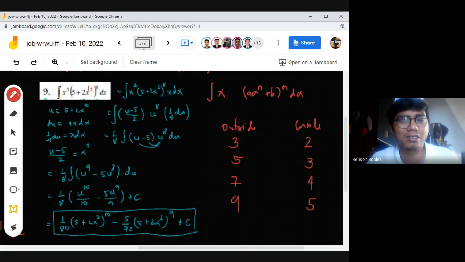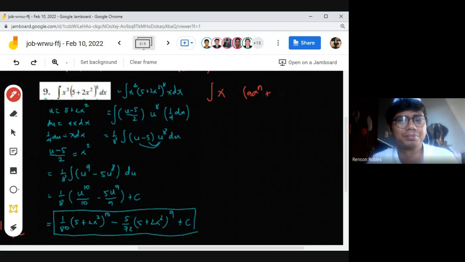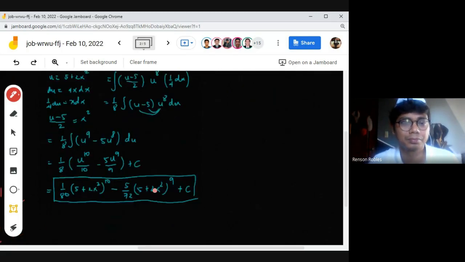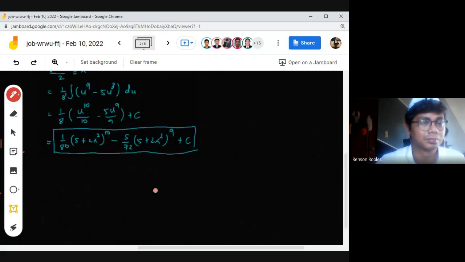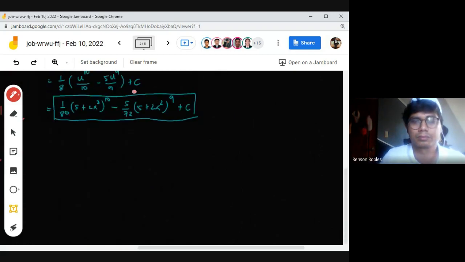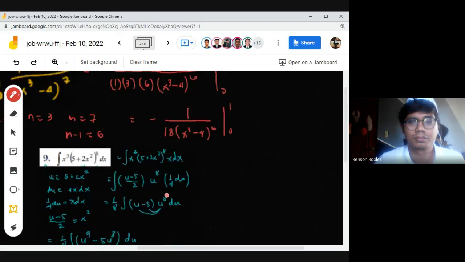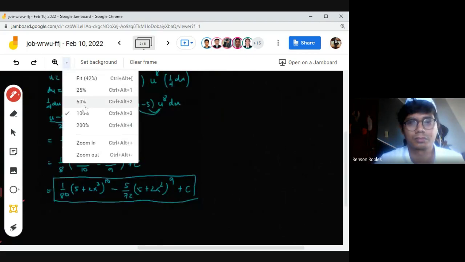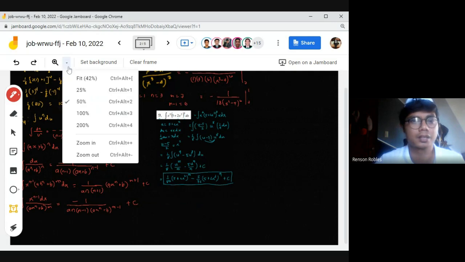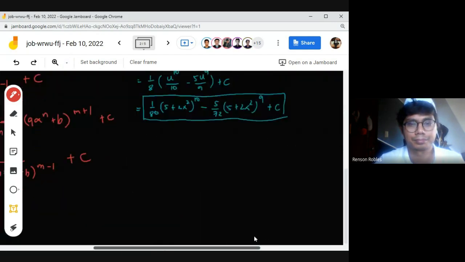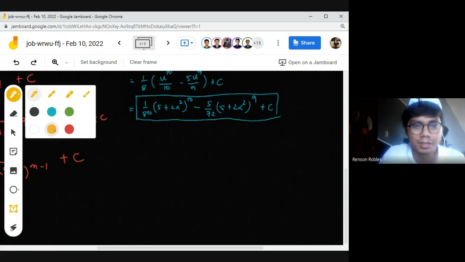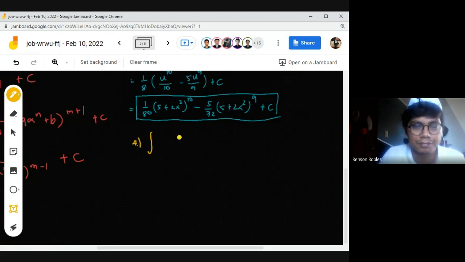O, sige, halimbawa, bigyan ko na kayo ng isang example similar to this para mas ma-figure out niya. Okay, so you have integral of, say, x to the 5, 4 minus 3x cubed to the 5th power dx.